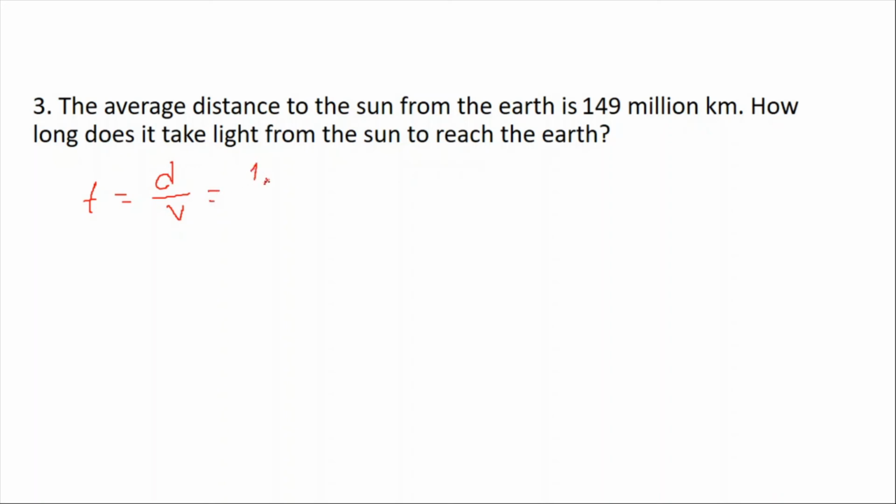The distance is given, 1.49 times 10 to the 11 meters, divided by the speed of light, approximately 3 times 10 to the 8, and this division will give us approximately 8.3 minutes. It is approximately 497 seconds.